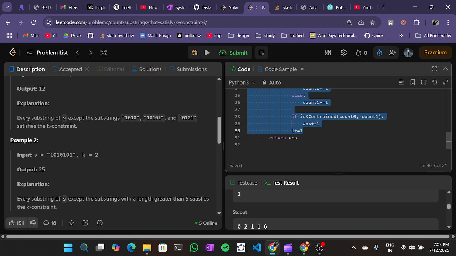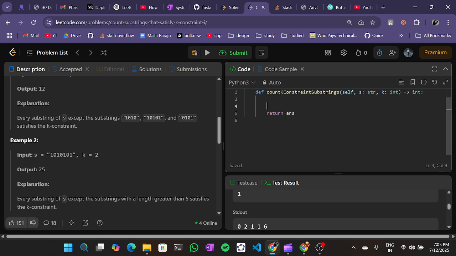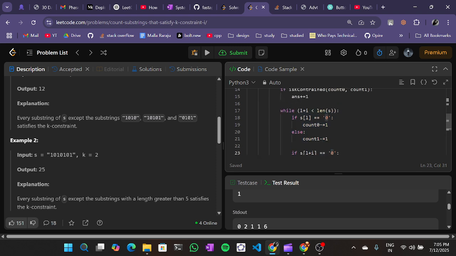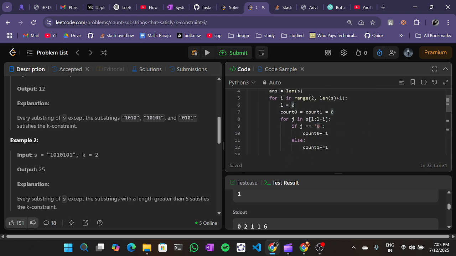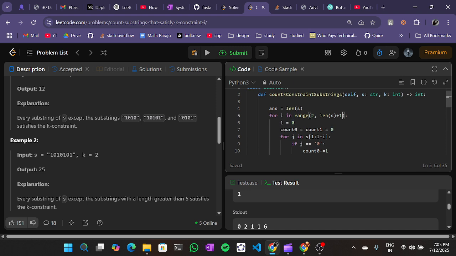Worst case scenario, it is also considered order of n square, but it will reduce so many cases. So for a range of length of s, keep it as right.